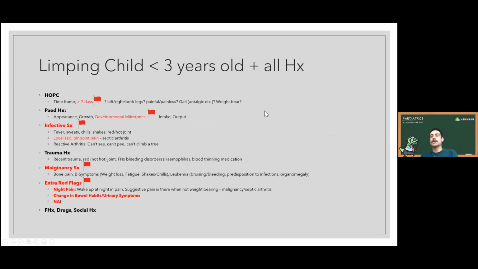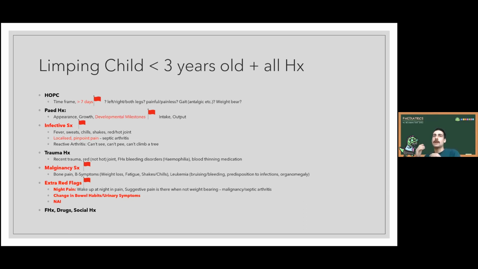When you're doing a history for those less than 3 years old, and all histories in general, you just have to do your classic approach. So you do your history of presenting complaint: time frame, is it one leg or the other or both? Is it painful, painless? Can they weight bear? Then you do your classical paeds history: appearance, growth, developmental milestones, input, output.